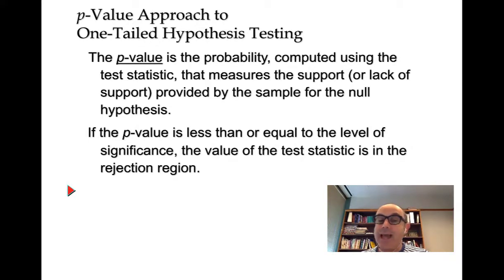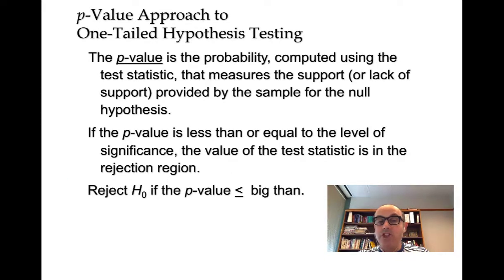So in this case, if the p-value is less than or equal to the level of significance, the test statistic is in the rejection region, and so we reject the null hypothesis.